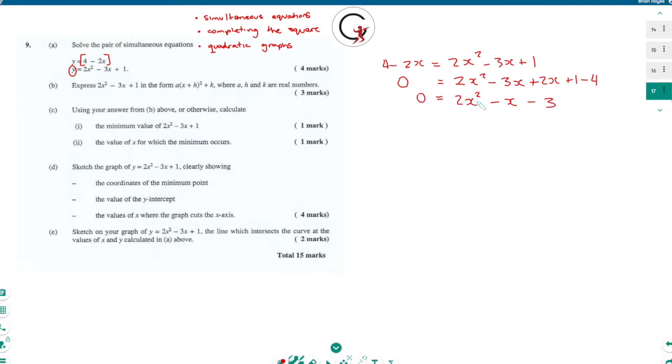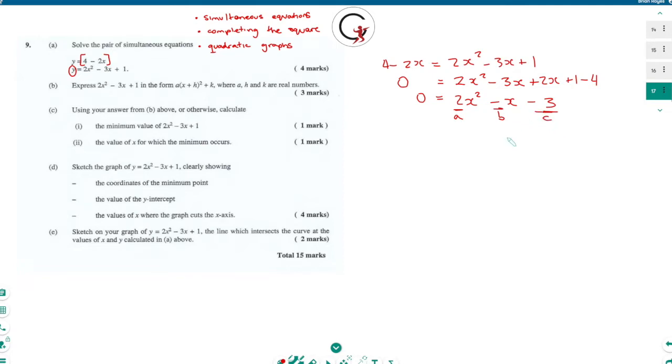Now they want you to solve this pair of simultaneous equations, meaning we have to solve this quadratic equation. We can do that by using the AC method or the quadratic formula. The AC method is finding two numbers that multiply together to give you the product of A and C. That's why they call this the AC method. This is A, that's B, it's minus 1, and C is minus 3.